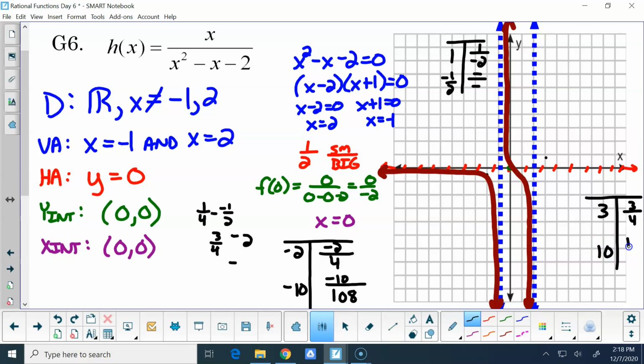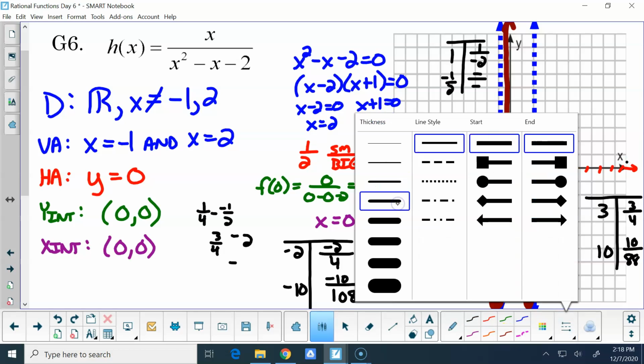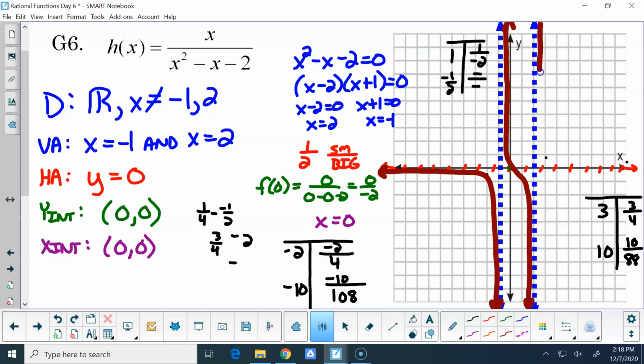And 10 is going to be 10 on top. 100 minus 10 is 90, minus 2 is 88. So that's going to be like 1/8. And there's our picture. Love it.